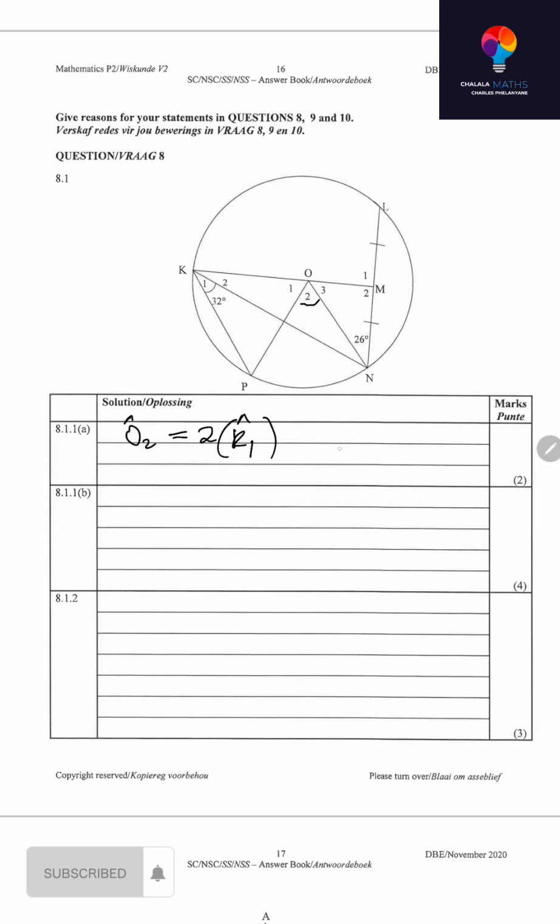The reason being that angle at the center is twice angle at the circumference.